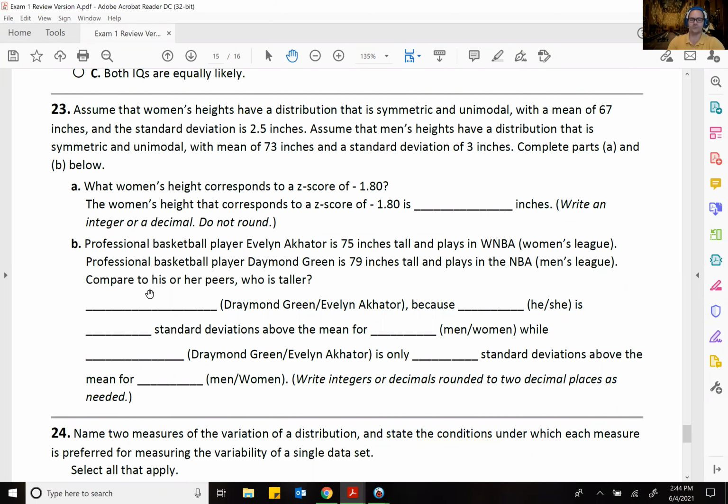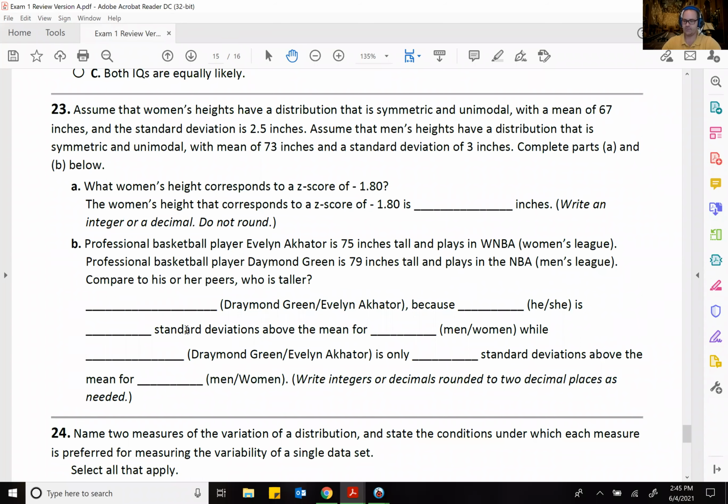So there's our first 4 blanks: Evelyn, she, 3.20, women. While, who's the next blank? Draymond. I think I called him Damon up here, but it's Draymond. Either one.